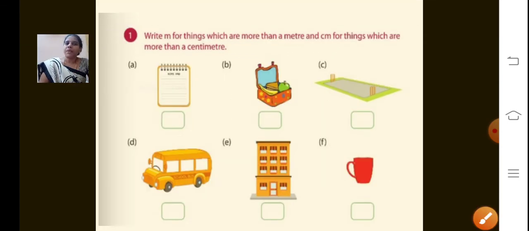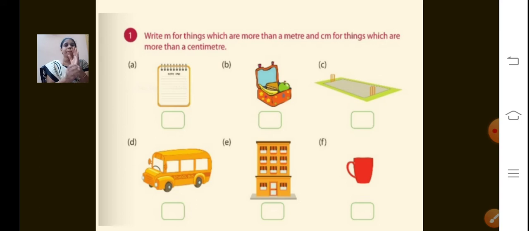Next, write M for things which are more than a meter and CM for things which are more than a centimeter. Just see the length.